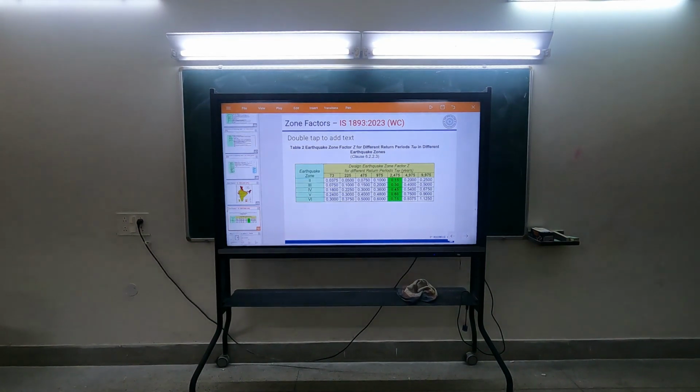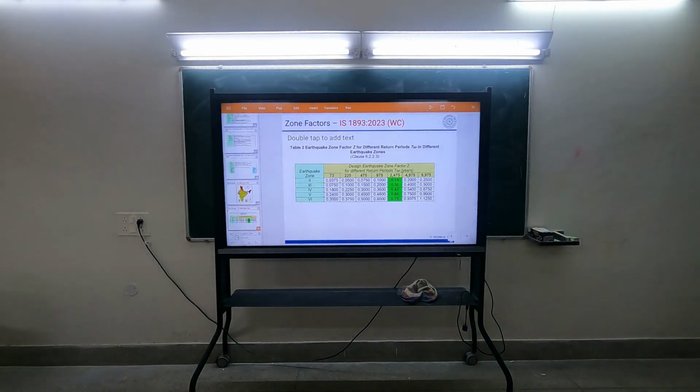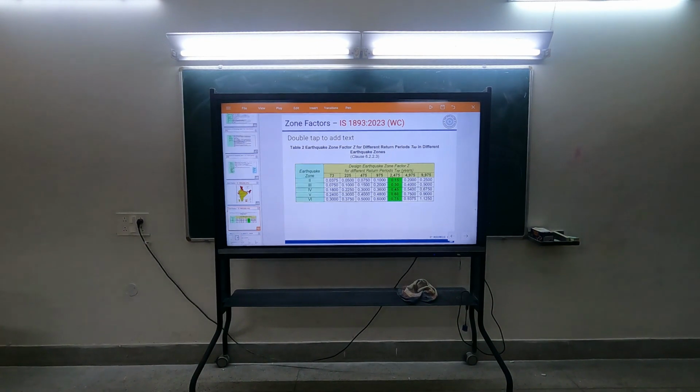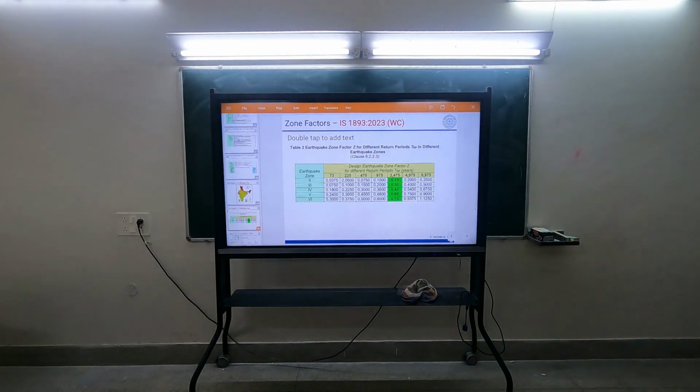An increase of 0.2 in 0.75 will mean something different. An increase of 0.2 in 0.1 will mean something different. 6.67. Okay, so a 67% increase has been done. So the design forces will increase by 67% or even more.